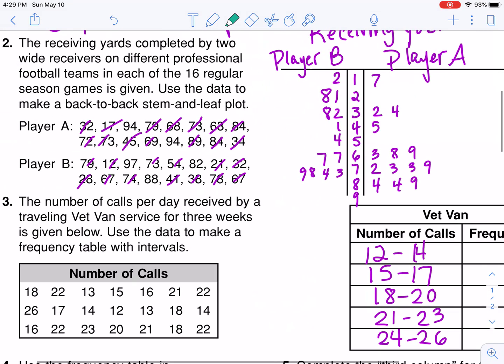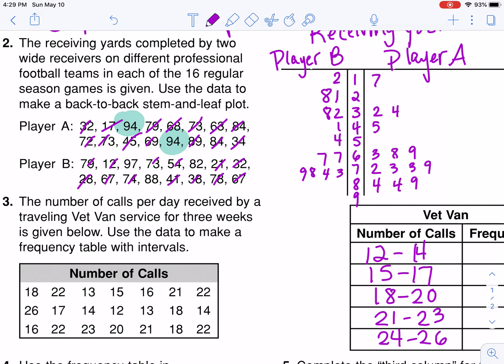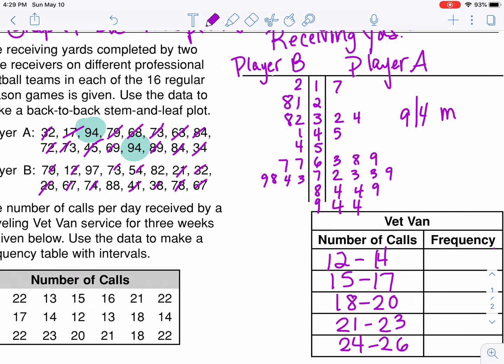So if I take a look at player A, I do still have to graph 94 and 94. Even if you have repeating data, you do have to plot 2 of the 4s, okay, for this case. So 94, 4, and 9/4 means 94. There's my key for player A. And then player B, I still have to graph 88, 82.